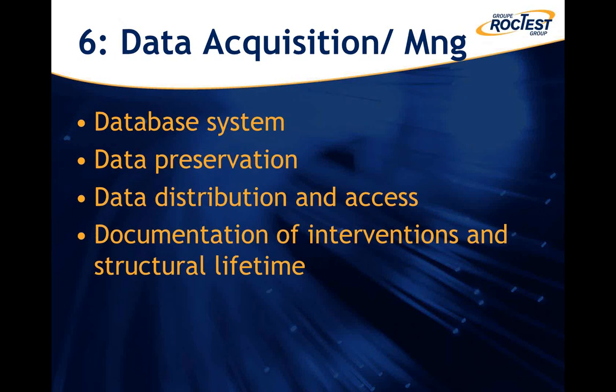We recommend using a database system so that data can be preserved over the long term and people are able to make sense of the measurement even in 20 years. Data can also be distributed to those people that need to access it. And at the same time as we record the data, we also have to document interventions and other things that happen in the lifetime of the structure and in the lifetime of the SHM system itself.